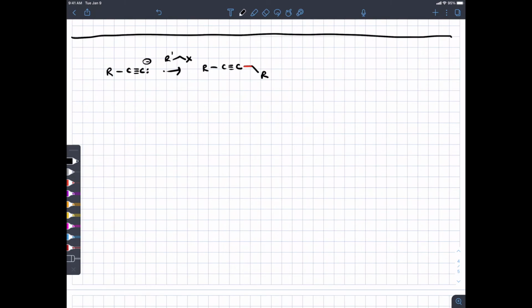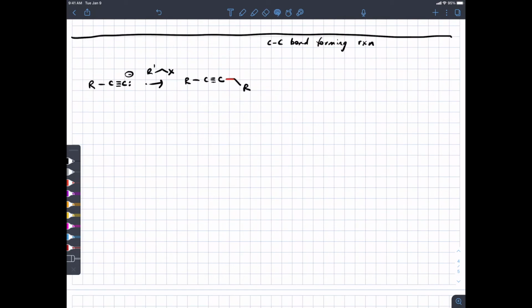Sometimes when we make carbon-carbon bonds, it's useful to classify these reactions according to the type of carbon-carbon bond they make. So this is a bond between an sp carbon and an sp3 carbon.